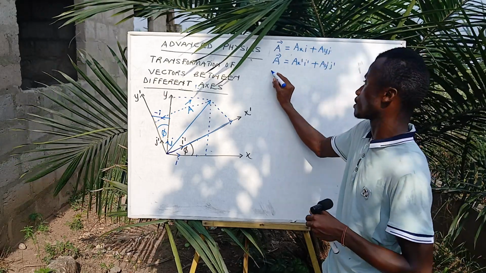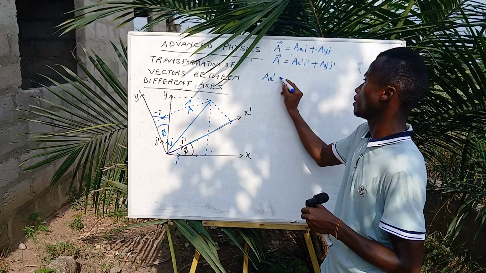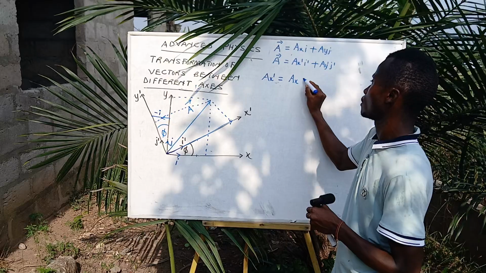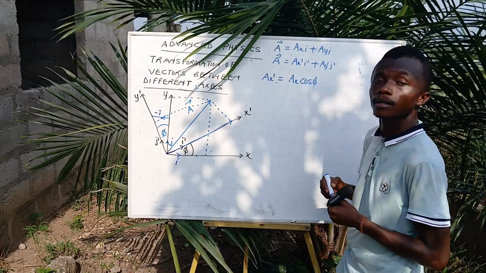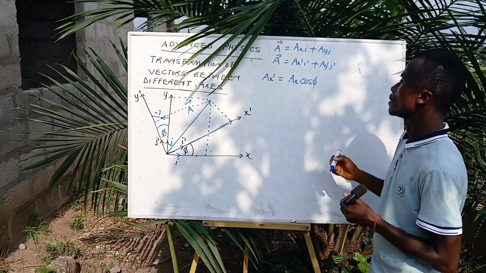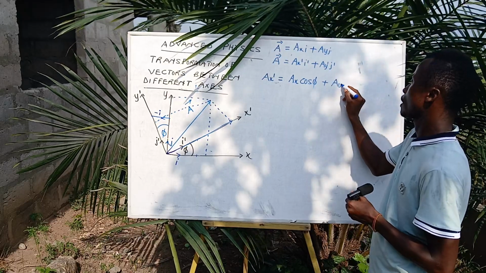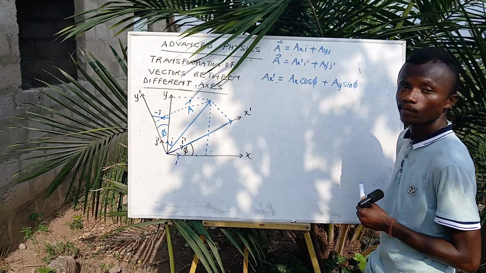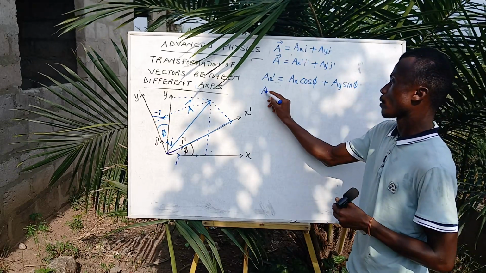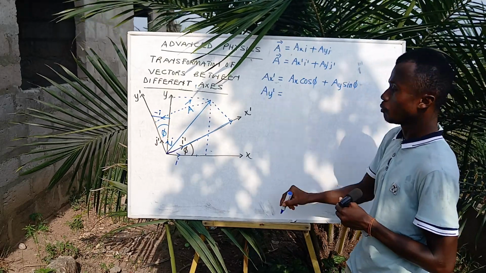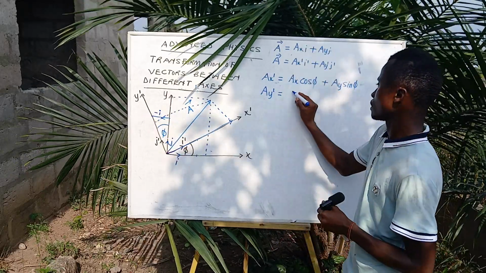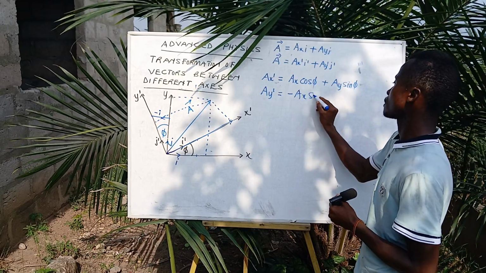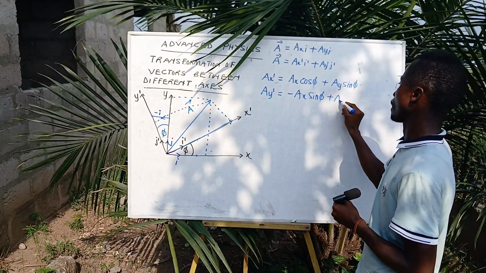And the transformation goes that ax prime is equal to ax cosine phi plus ay sine phi. And then ay prime, the component in the y prime direction, is equal to negative ax sine phi plus ay cos phi.